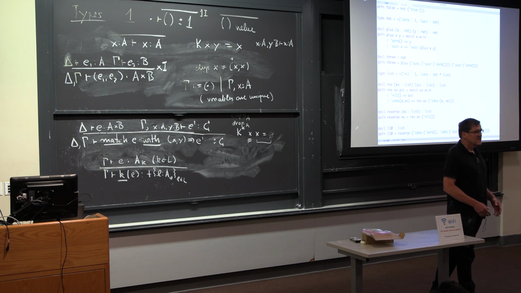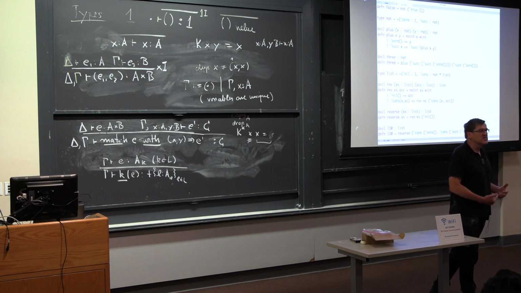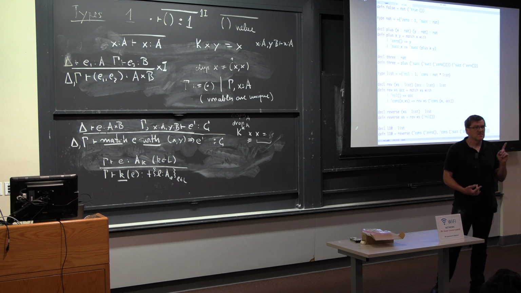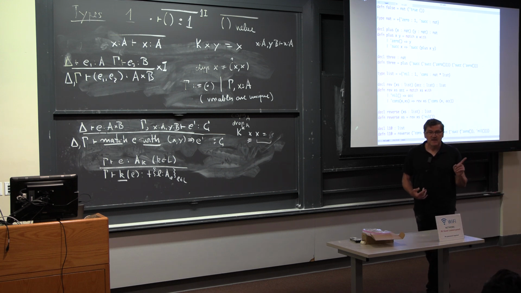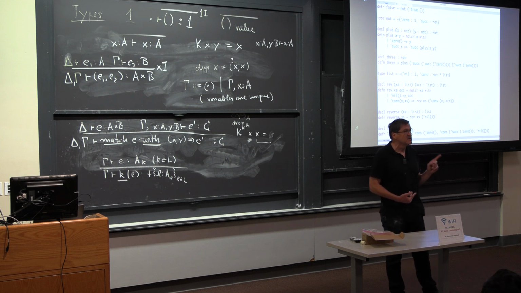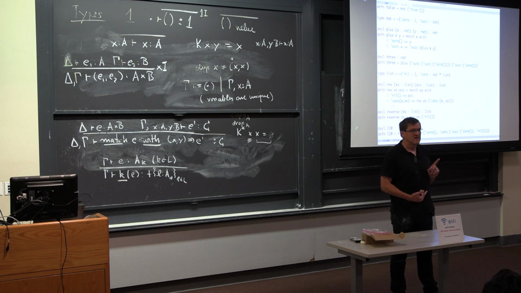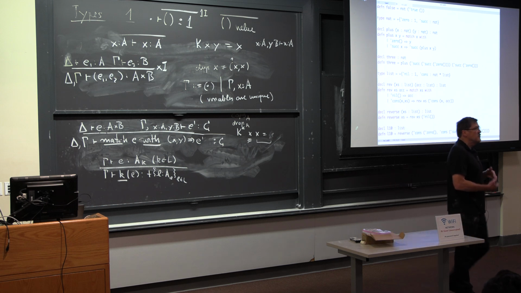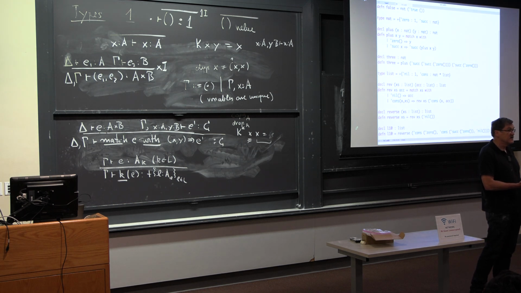If you expect your program to be linear and it doesn't type check because of linearity, then there's probably a bug in your program. That was the case with the weird plus program that I wrote. It doesn't type check, and it wasn't addition, because addition should be linear. If it's not linear, it's probably a bug. So you get the benefit of stating what you expect the function to behave like, and then the compiler either verifies or denies that.